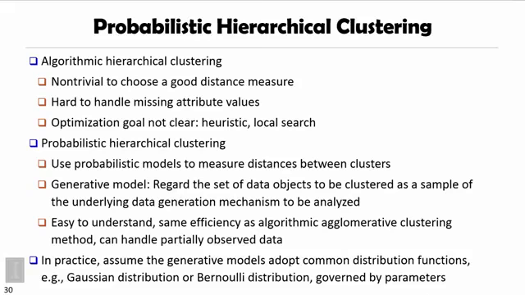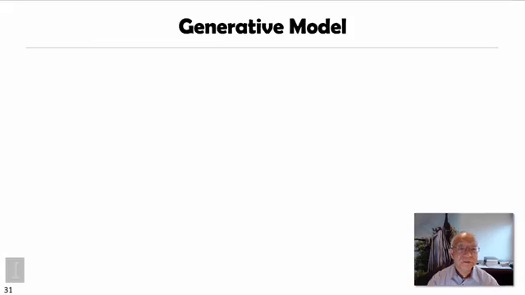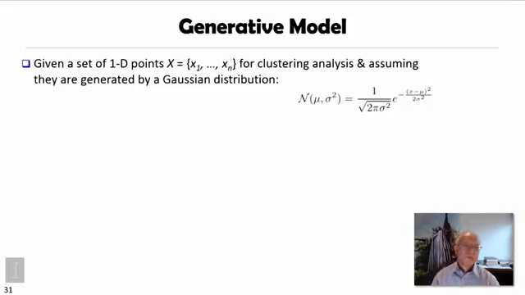In practice, we can assume the generative models adopt common distribution functions. For example, we can assume a Gaussian distribution or Bernoulli distribution, governed by a set of parameters. Let's look at the generative model.